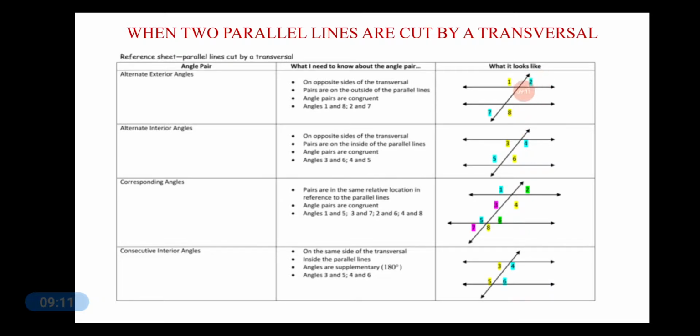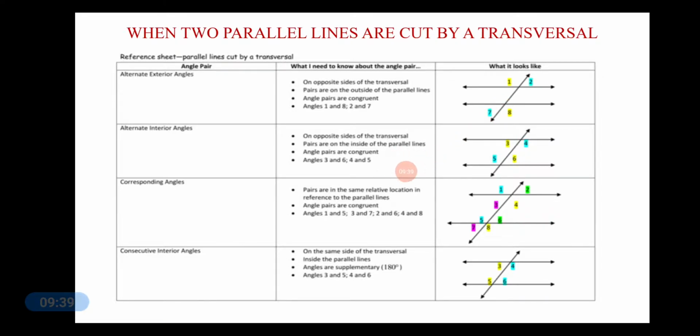Similarly, angles 2 and 7 are also exterior alternate angles and their values will also be the same. So we have two pairs of exterior alternate angles: angle 1 equals angle 8 and angle 2 equals angle 7.